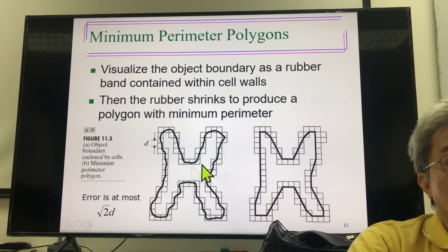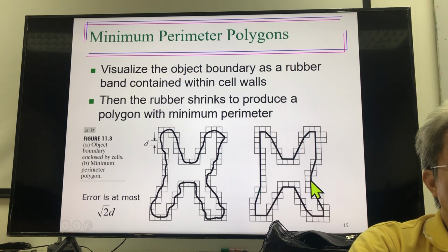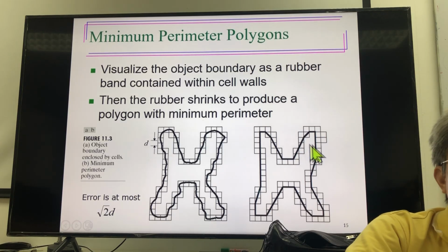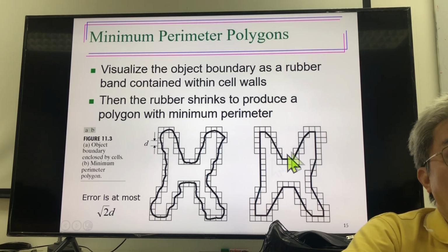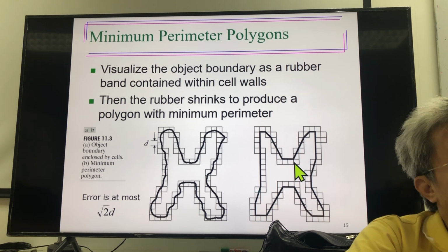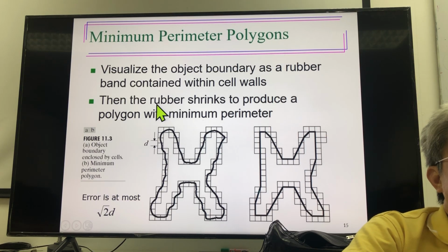You think of this distance as shrinking to this boundary. So it ends up with a polygon instead of a curvy chain code. With this polygon, you can then represent it by the Freeman chain code or the shape number. This is called the rubber band technique, or the minimum perimeter polygon.